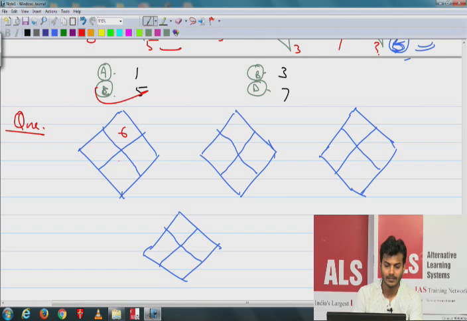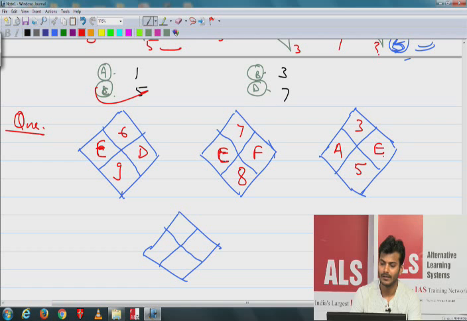6, 9, E, D. It is E, please. This is E, E for elephant. 7, 8, E, F. 3, 5, A, E. 4, B, H. Let me zoom it.